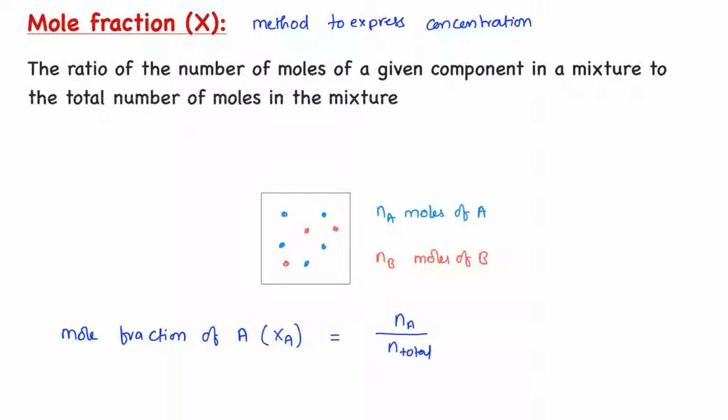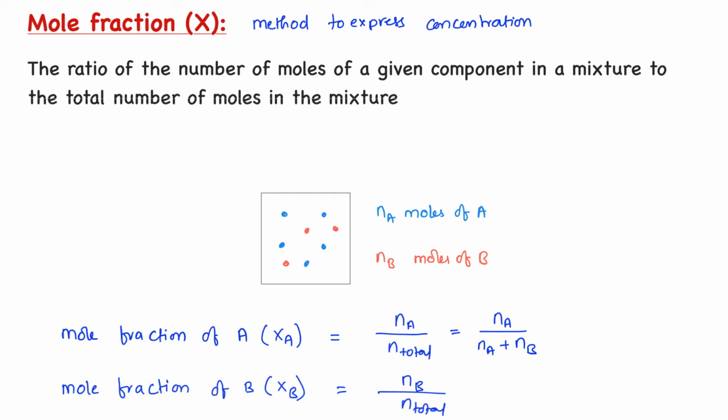That is, Na over Na plus Nb. Similarly, the mole fraction of B is Xb, which is equal to Nb over N total, or Nb divided by Na plus Nb. The same formula could be extended to solutions containing more than two components as well.